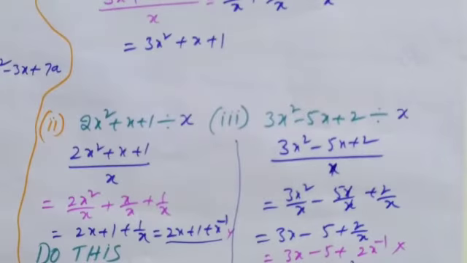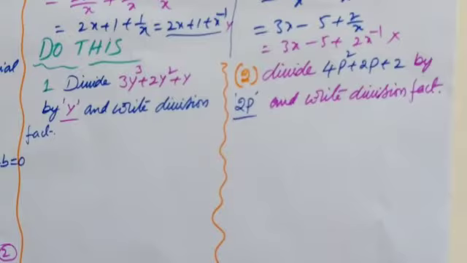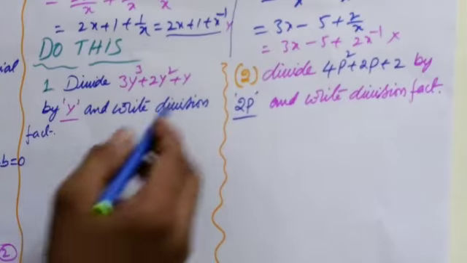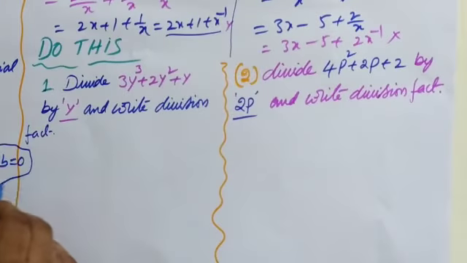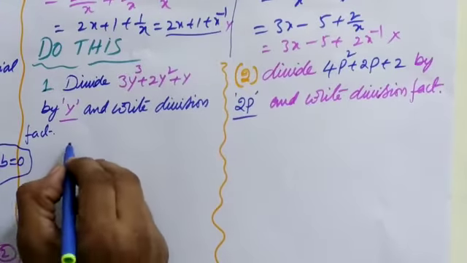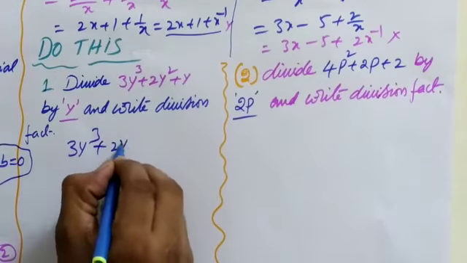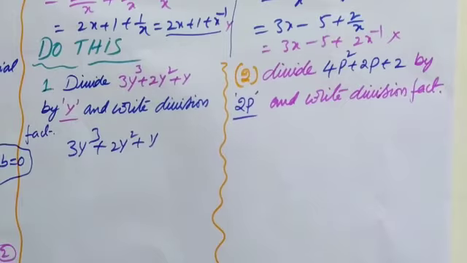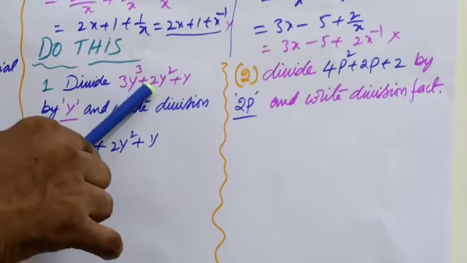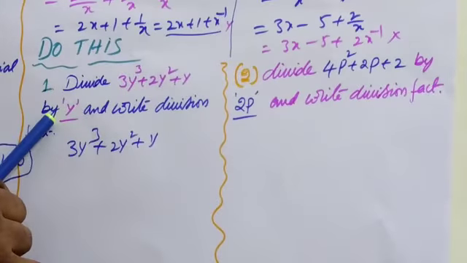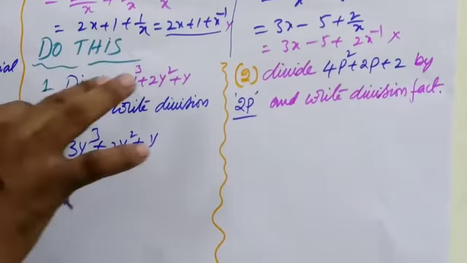So, more examples. Do this. Divide 3y cubed plus 2y square plus y by y and write the division.